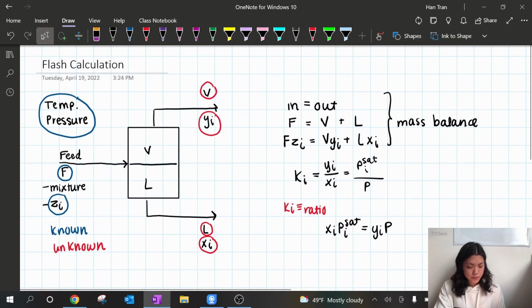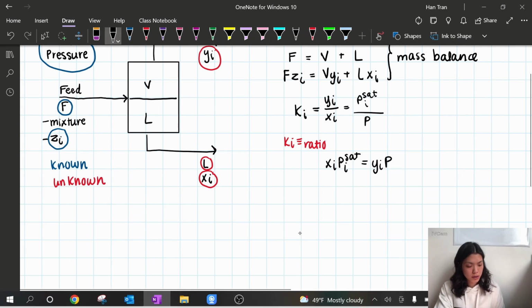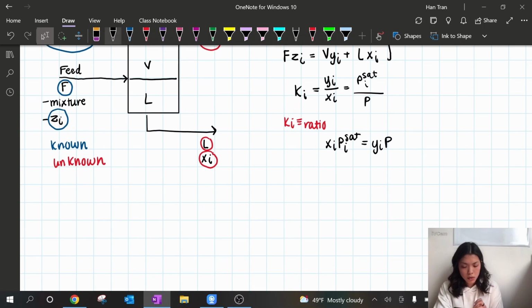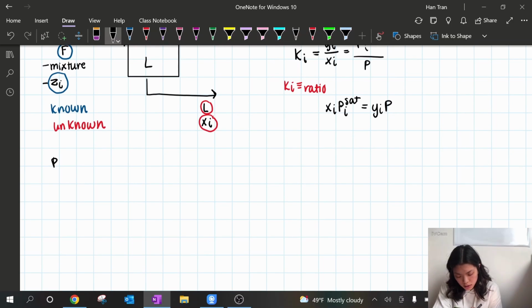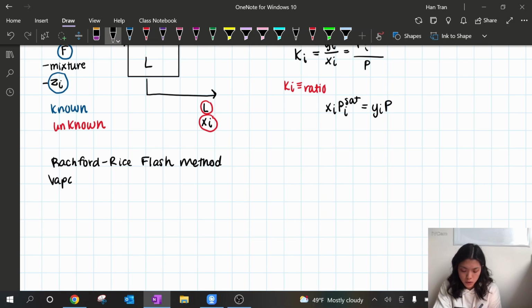And so now we can begin with the Rachford-Rice method. So this method is used for problems with a vapor-liquid equilibrium.